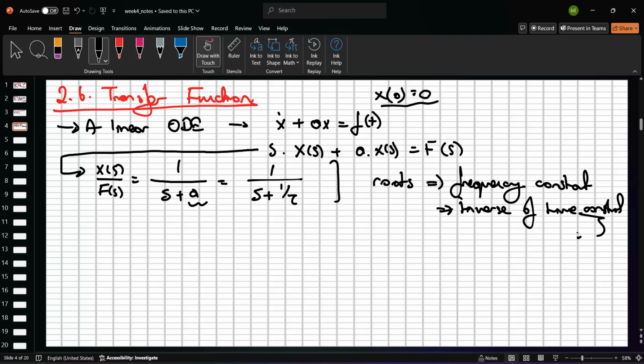Is that true or not? So this is true because I wrote it.